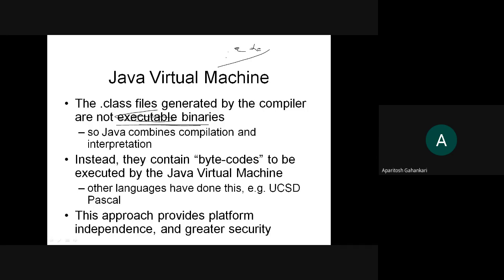Because you are going to create Java bytecodes, and these Java bytecodes are executed by the Java virtual machine. And mind it, the Java virtual machine for different platforms will be different. The Java virtual machine will differ, but your bytecode, the dot class file, if you executed it for Windows, then the same file will execute on other platforms as well. That is how platform independence is achieved.